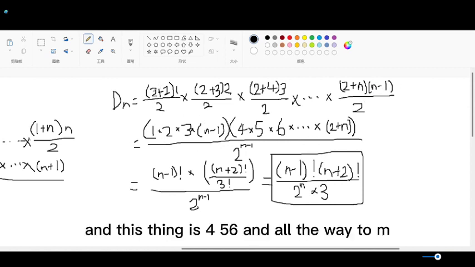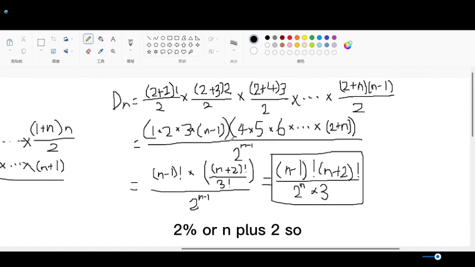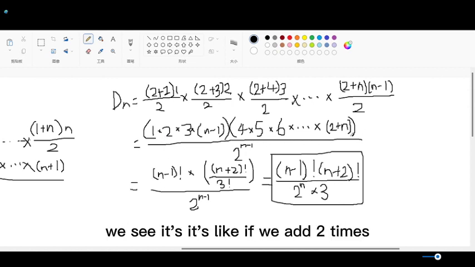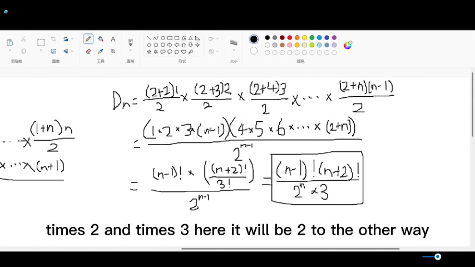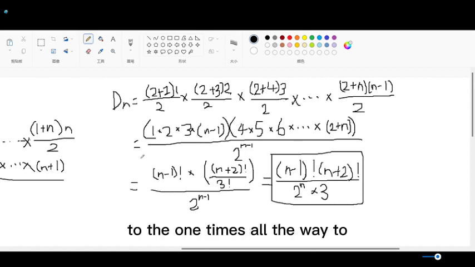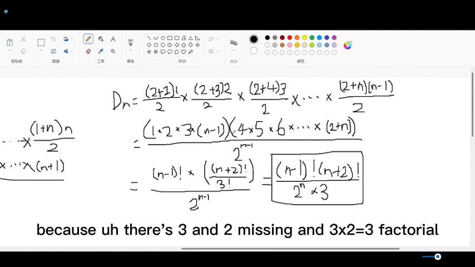And this thing is 4, 5, 6, and all the way to n plus 2. So this is just n minus 1 factorial, but this part, if we add 2 times 2 and times 3 here, 1 doesn't matter, so it's basically 1 times all the way to n plus 2, but we missed the 2 and 3, so it's n plus 2 factorial divided by 3 factorial, because there's 3 and 2 missing, and 3 times 2 is 3 factorial.